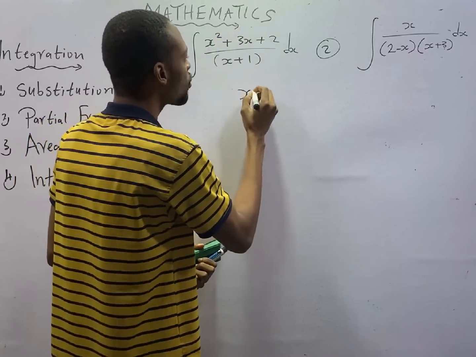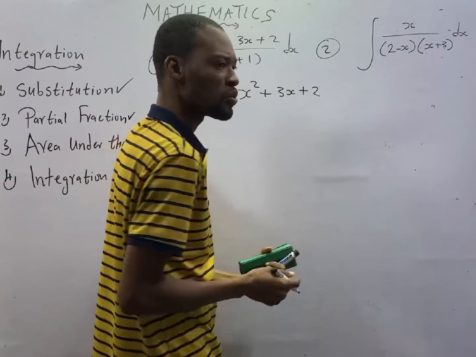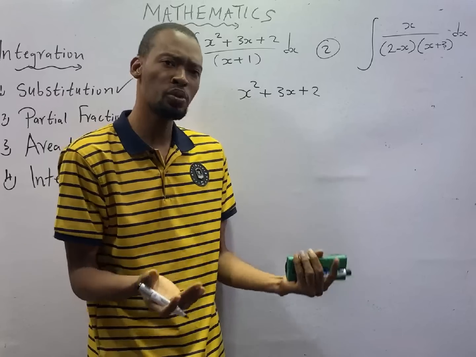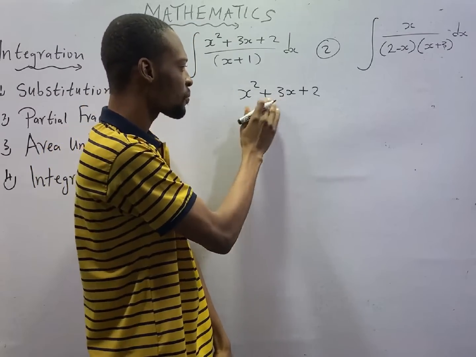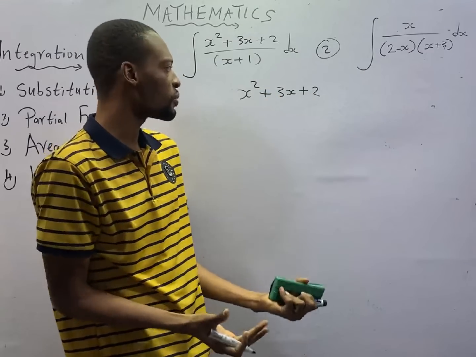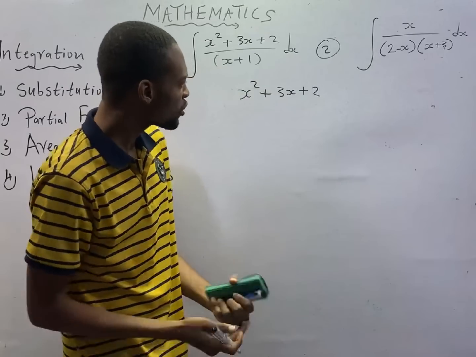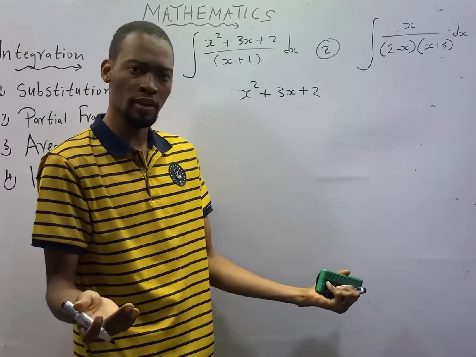When you are given any quadratic expression, like I've taught you in the previous episodes, you look for two numbers that when you add, you get plus 3, and when you multiply, you get 2, because here is 1. And those two numbers are obviously 2 and 1.